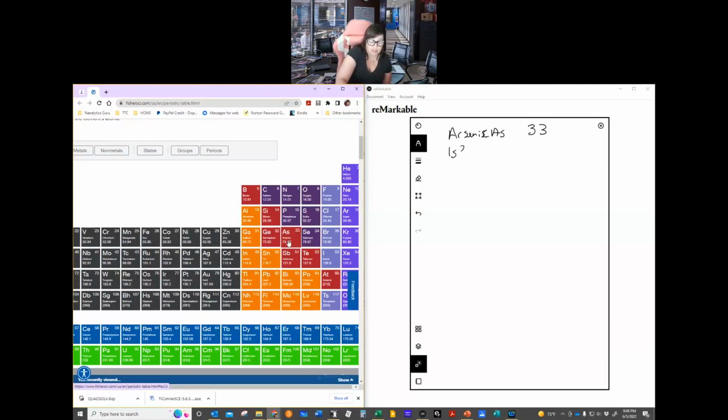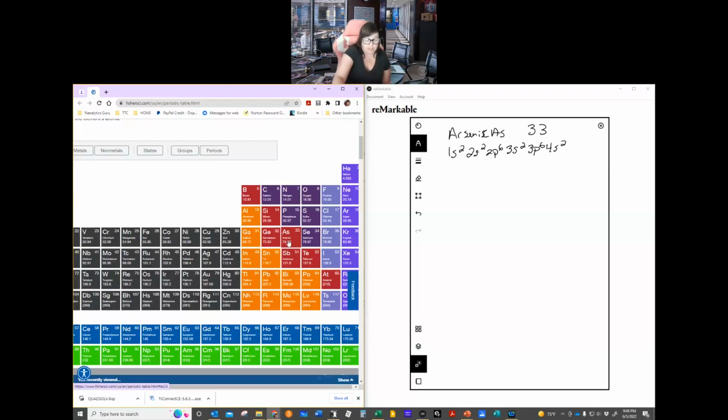I know it's 1s2, 2s2, 2p6, 3s2, 3p6. That gets me up to the 4th row. Now, since I'm in the 4th row, I'm going to have 4s2. Then I'm all the way over in this p section.